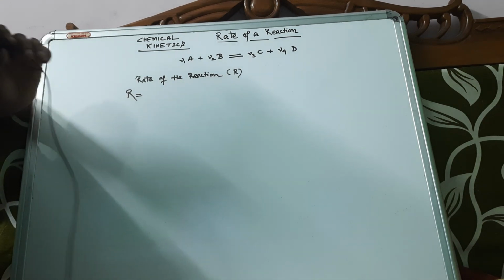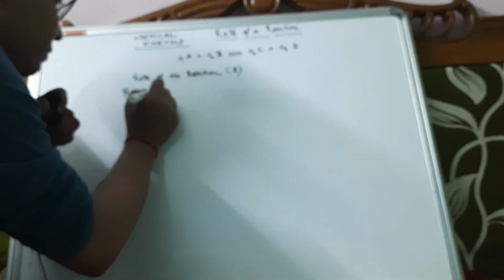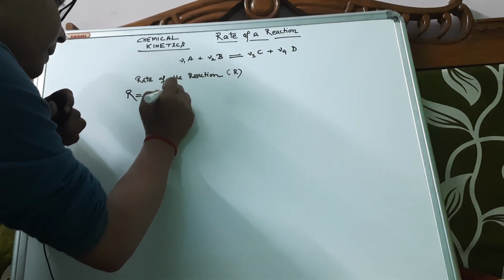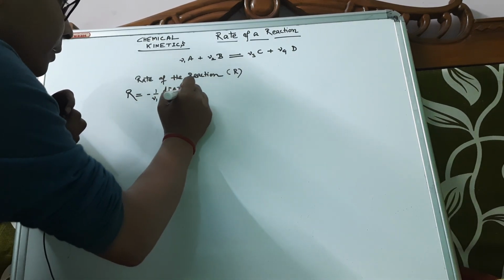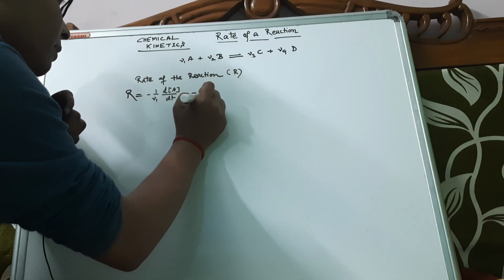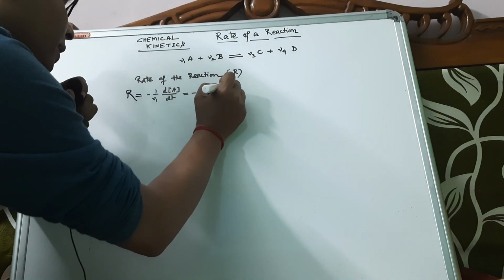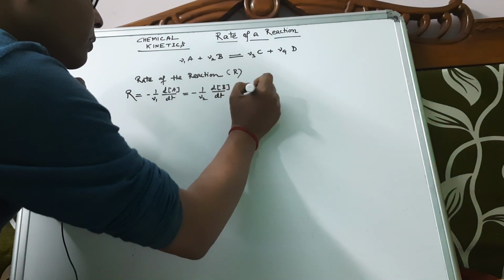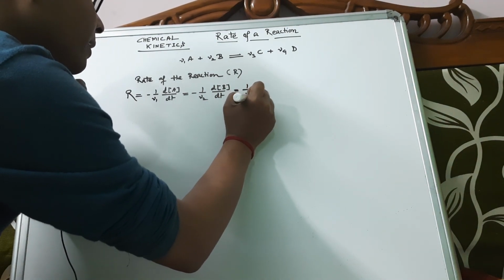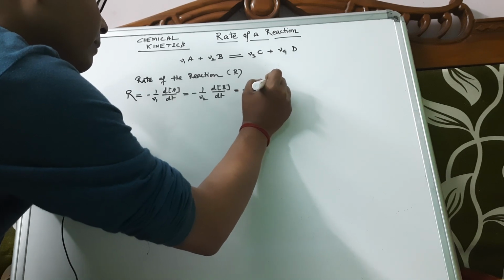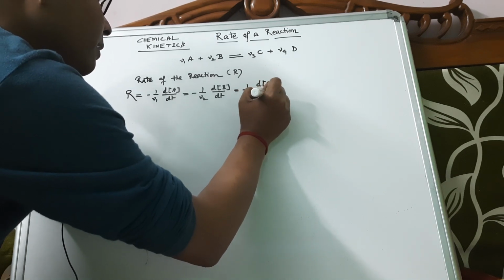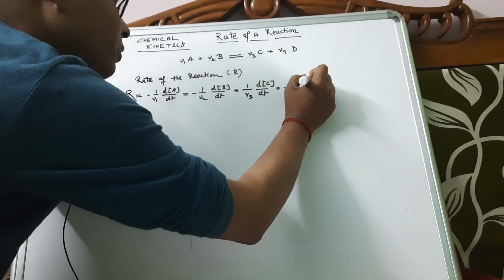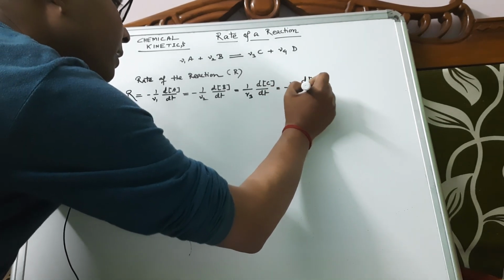So in this case, the rate of the reaction equals minus 1 by nu1 dA by dt, equals minus 1 by nu2 dB by dt, equals 1 by nu3 dC by dt, equals 1 by nu4 dD by dt.